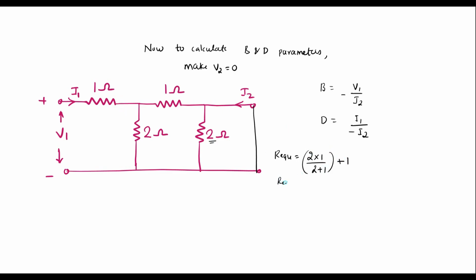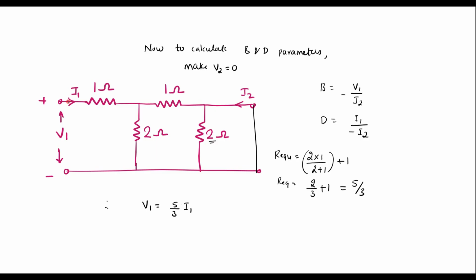So R equivalent will be equal to 2 by 3 plus 1, so it gives 5 by 3. Therefore I can write V1 is equal to 5 by 3 I1.